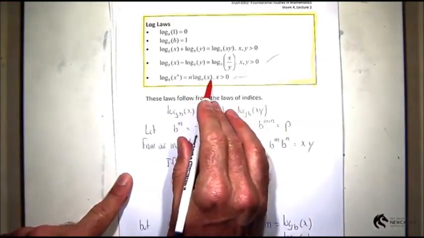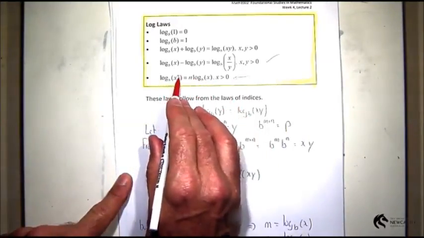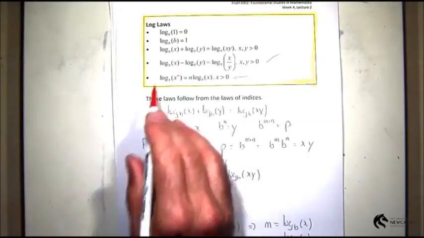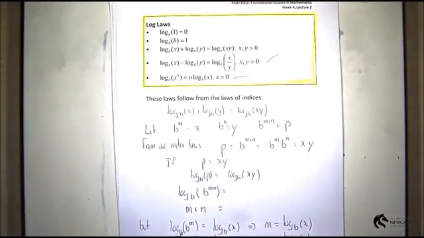2 log x is the same as log of x squared. That's what I'm going to use there first. So this is going to be log 10 of 3x plus log 10 of x squared. That's my first law. Now I have a log and a log to the same base, and so now I can come back and use this one.